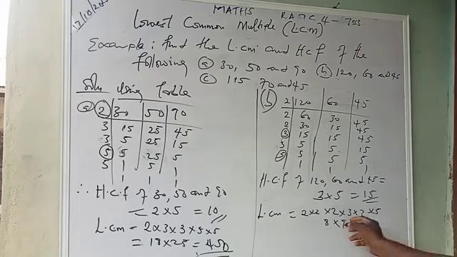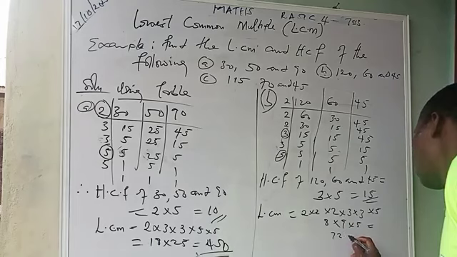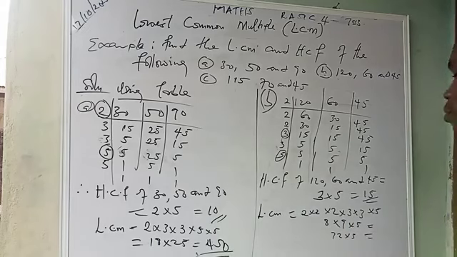That is 8 times 9 is 72. 72 times 5: 5 times 2, 10. 5 times 7, 35, plus 1, 36. I give you 360. So that is how we treat this one.